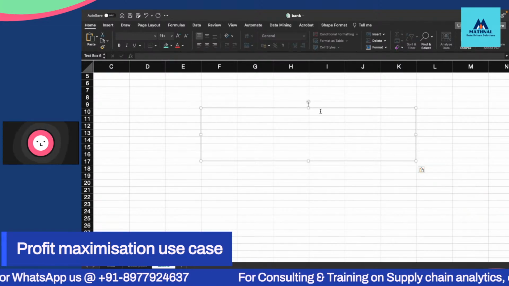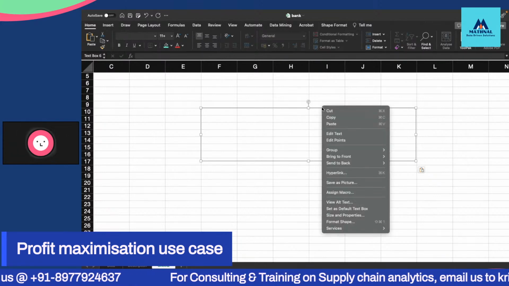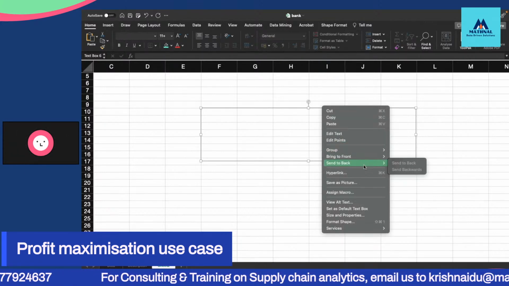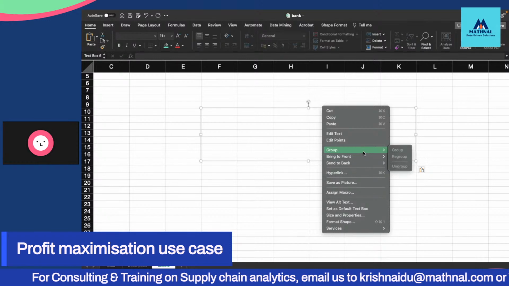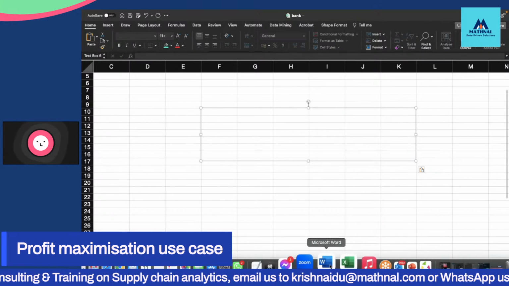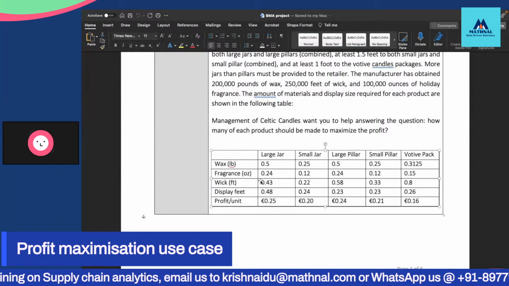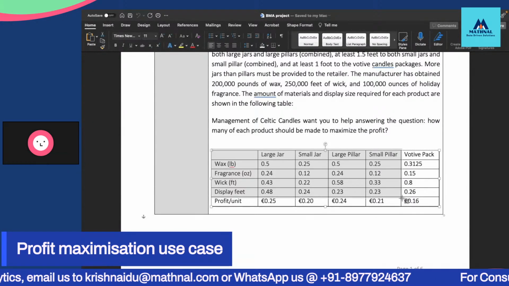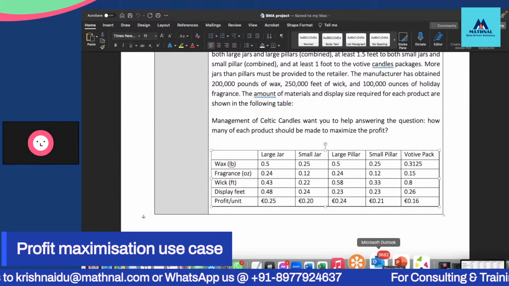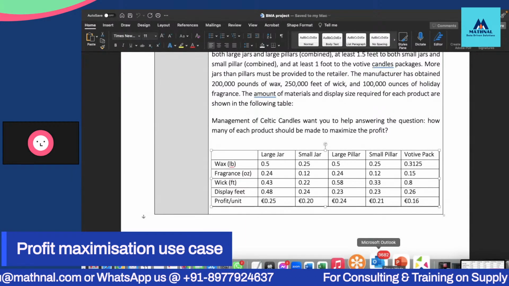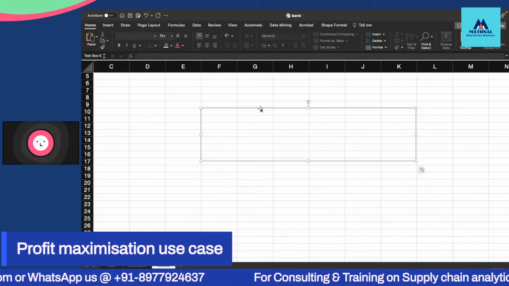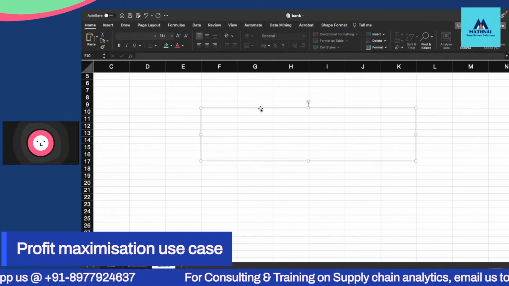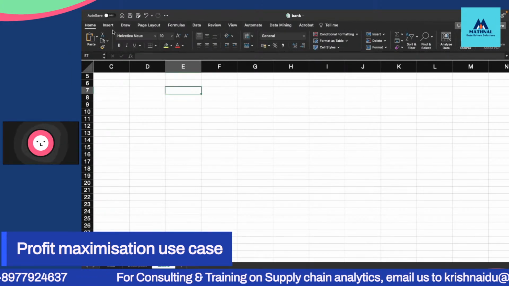We're not getting anything out of this. So let me get a screenshot of this. I'll put this screenshot here and then convert the screenshot into a table.